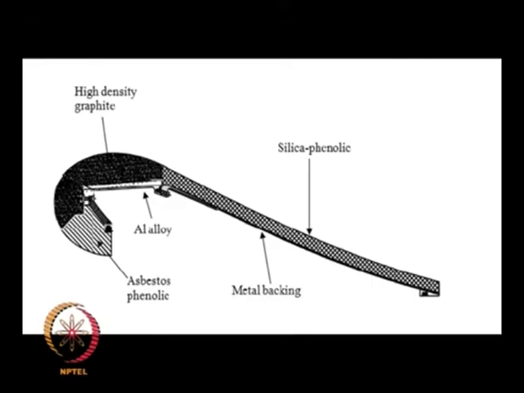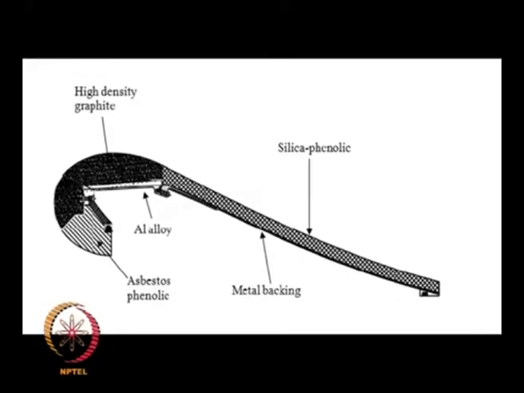Okay, you cannot use it to make the motor casing itself, right. So you need a metal there, and this could withstand high temperatures and could be used above the metal portion. So what we need to know is how thick should we have this graphite.